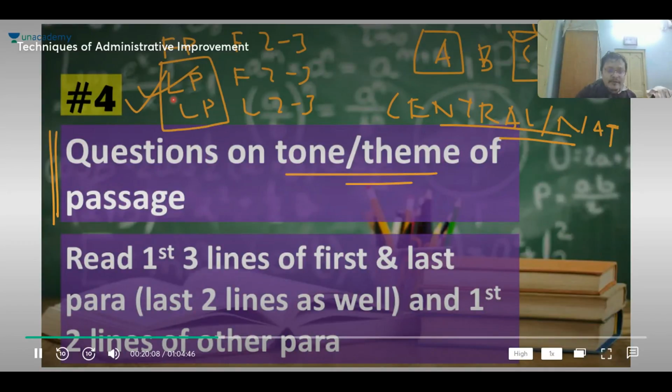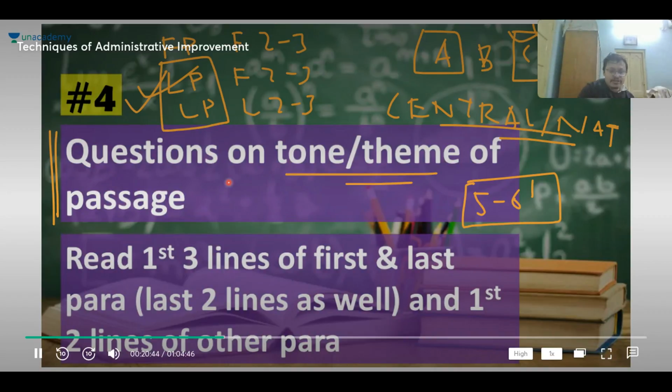So basically, only 5-6 lines are enough to answer the remaining questions on tone, theme, central idea, nature of the passage. The rest of the lines are not important for answering these questions. The other important thing is reading the options closely, because it matters which option is closest to what is illustrated in the first and last para.